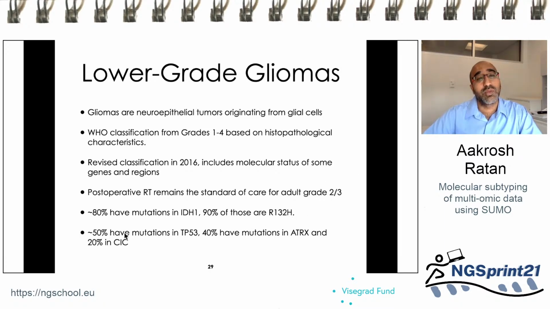About 50% of the patients have mutations in TP53, and when I say mutations, I mean somatic mutations, or mutations acquired by the tumor. 40% of them have mutations in ATRX, and 20% in FUBP1, which is a tumor suppressor.